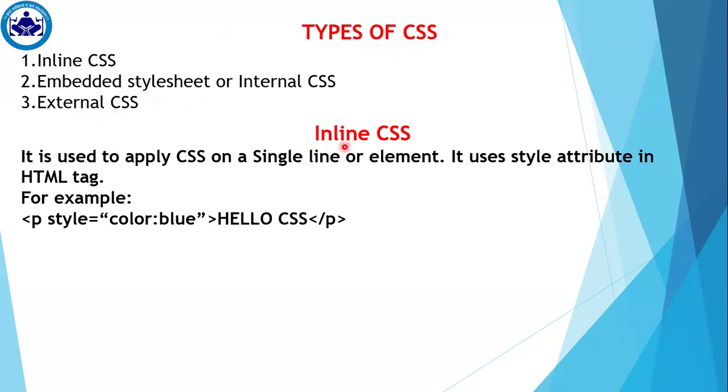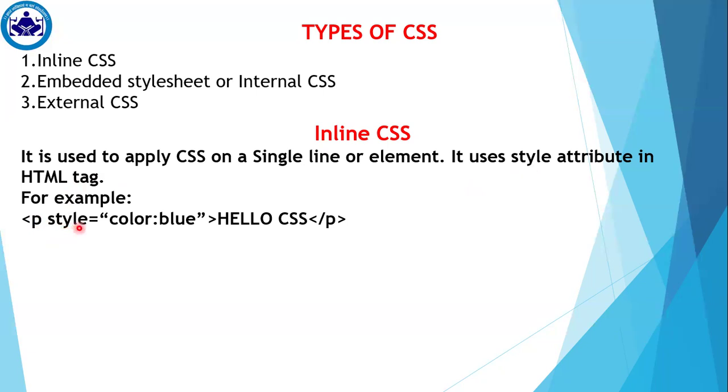The first is inline CSS. It is used to apply the CSS on a single line or a single element. It uses the style attribute in an HTML tag. See the example. Here we are using P, that is a paragraph tag. It has style as an attribute.